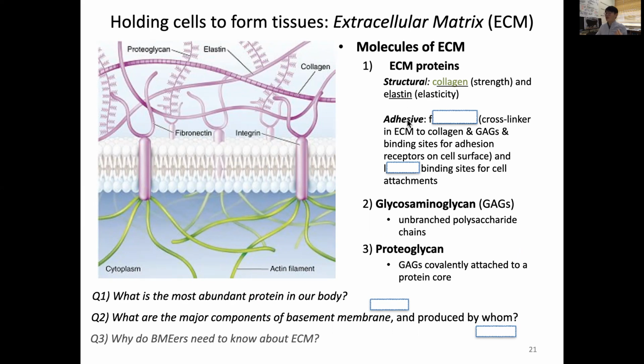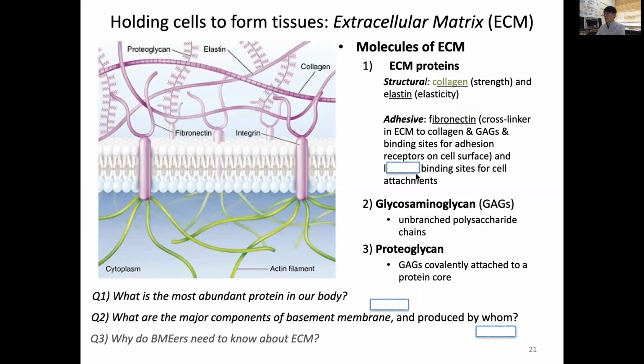And another function of extracellular matrix is adhesive. So it is cross-linking extracellular matrix to collagen and glycosaminoglycans, and it has binding sites for adhesion receptors on the cell, which you can see is called a fibronectin molecule.